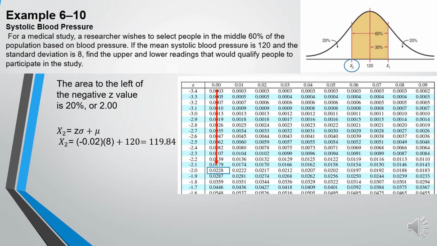plus 120, which is the mean. So if we use a calculator and add it up, it is equal to 119.84.